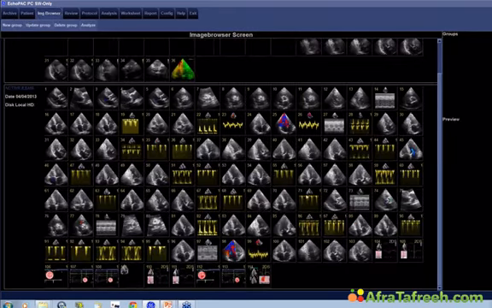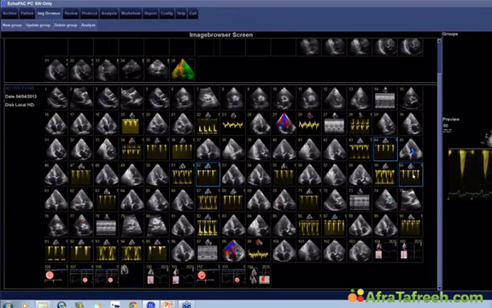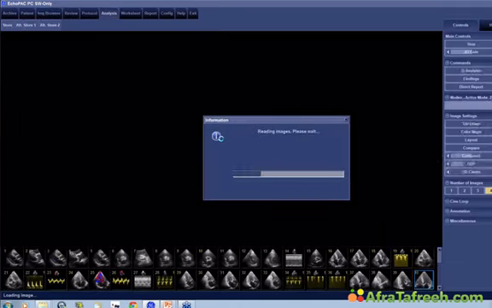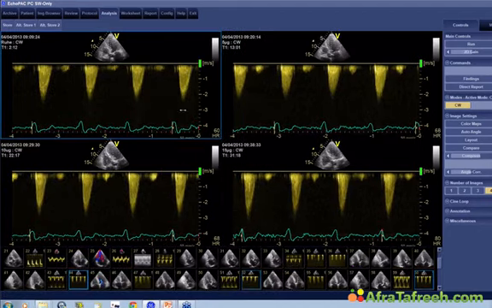So I will now go to the different continuous wave Doppler signals. Just have to find the right ones here. And this is the last one. Okay, so those are the 4 tracings across the aortic valve.